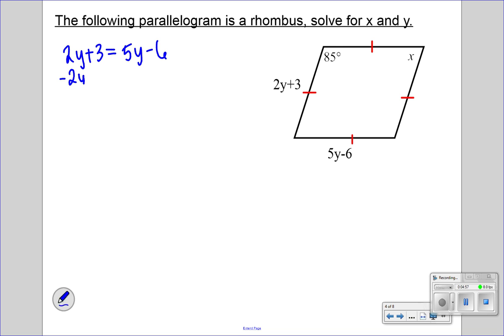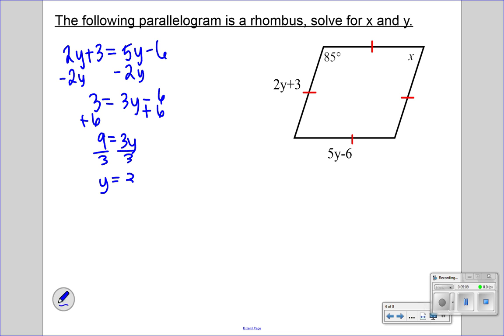And then we can solve. Add the 6. Y will equal 3.